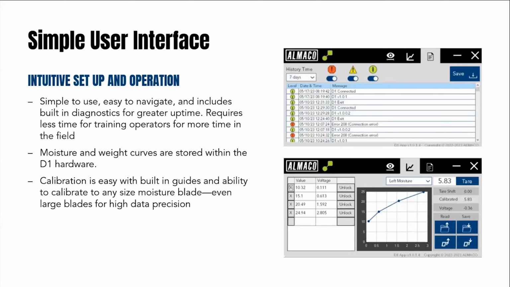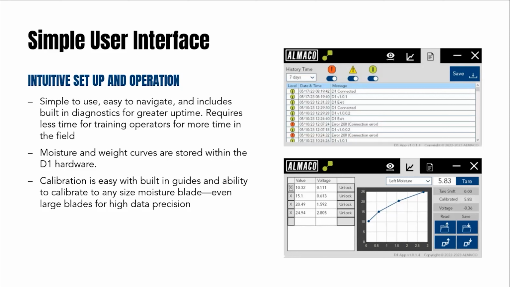So the new user interface is not a replacement for your harvest software. The new box, the D1, is Ethernet connected, so we're losing an outdated serial connection that used to be there, which means faster communication, a little bit better update rates. We really tried to make the operator experience first and foremost.